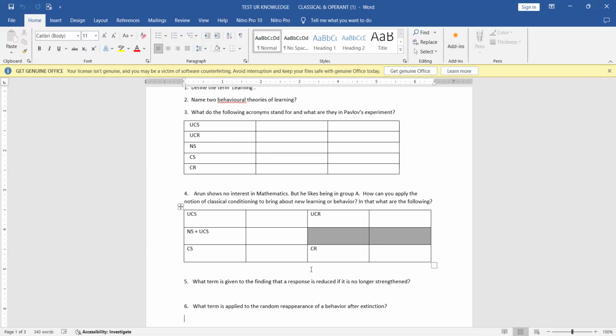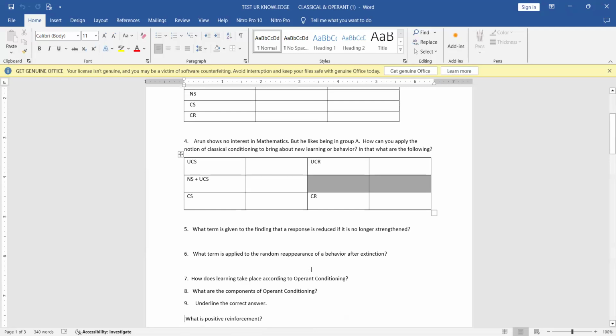Right. Then you are coming to the next. Number 5. What term is given to the finding that a response is reduced if it is no longer strengthened?